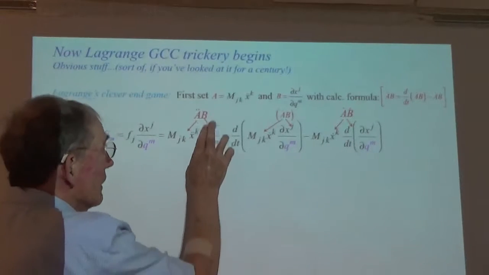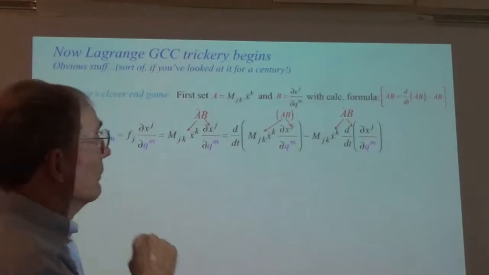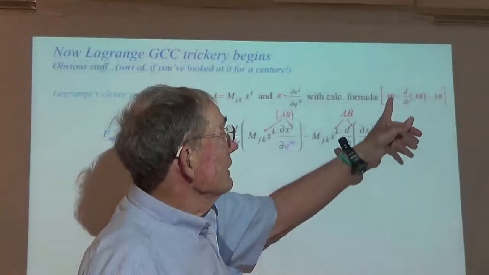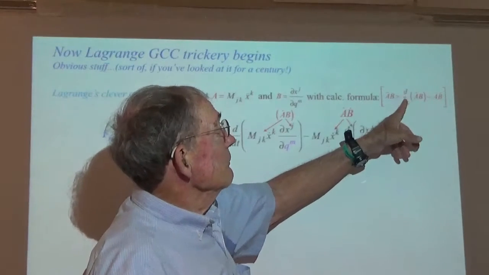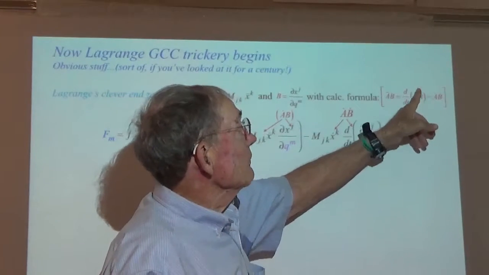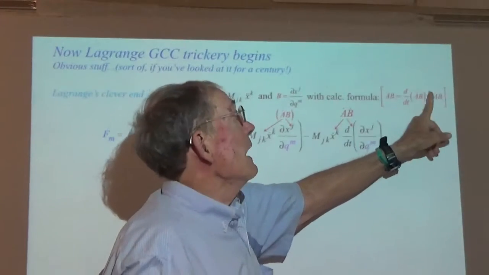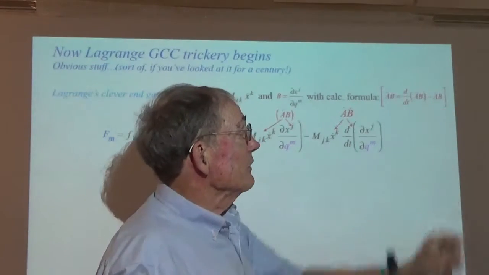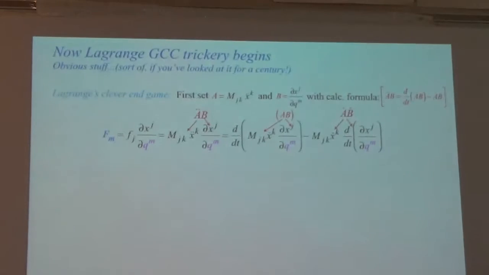And then this little partial derivative here is B. And we know, just from our simple calculus, that A double dot times B is a derivative with respect to time of A dot times B, a time derivative multiplied by B, minus a thing with dots on both of the factors. That's what we're using here.